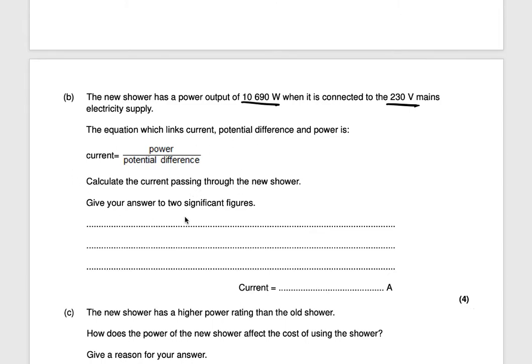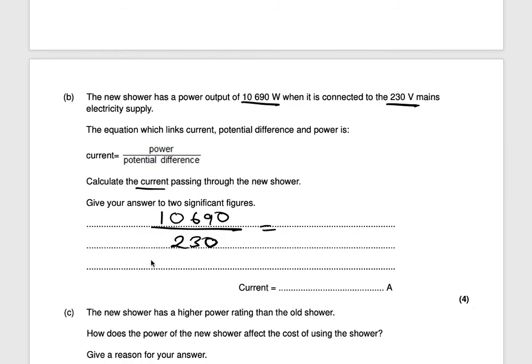We're given the equation, and we need to give our answer to 2 significant figures. To calculate the current, we have the power, which is in the correct units, 10,690, divided by the potential difference, which is also in the correct units, 230 volts, and that's going to give you the current.